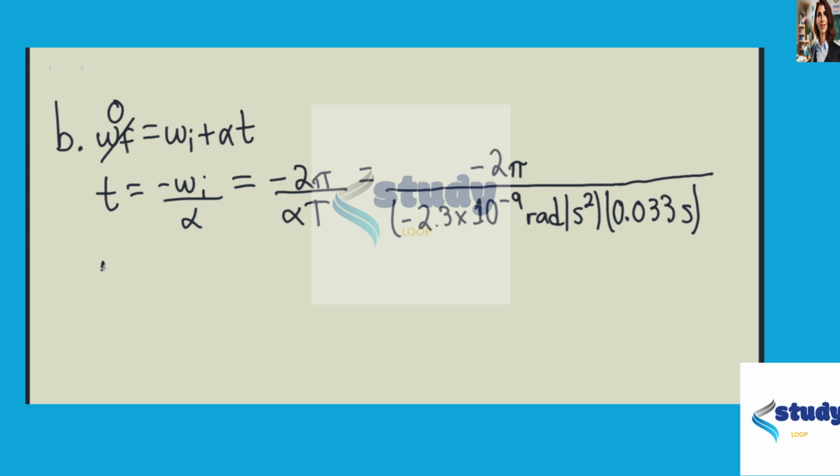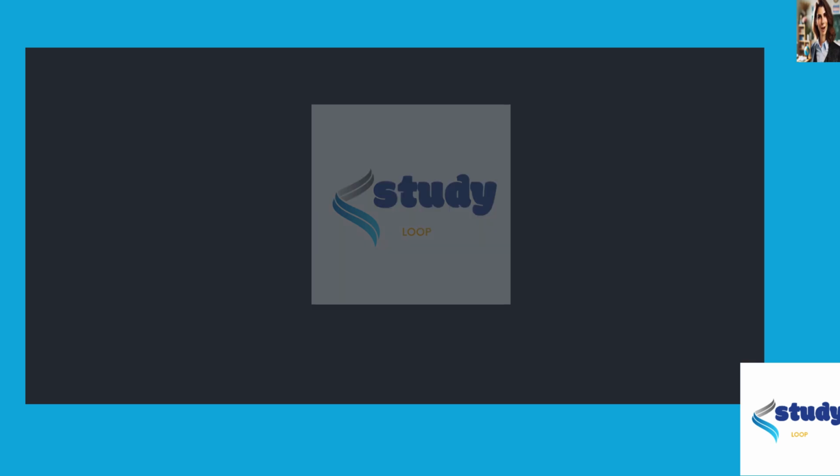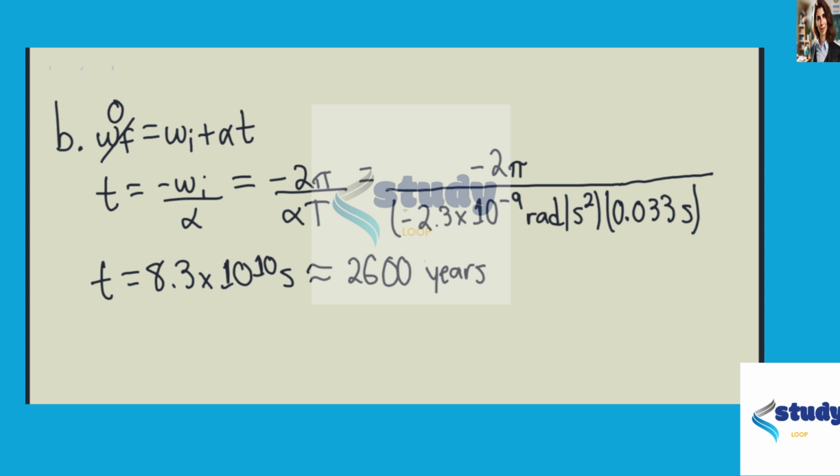And we can say that t is equaling 8.3 times 10 to the 10th seconds. Or we can say approximately, my apologies, 2,600 years. So it would essentially take approximately 2,600 years for the pulsar to come to a rest.